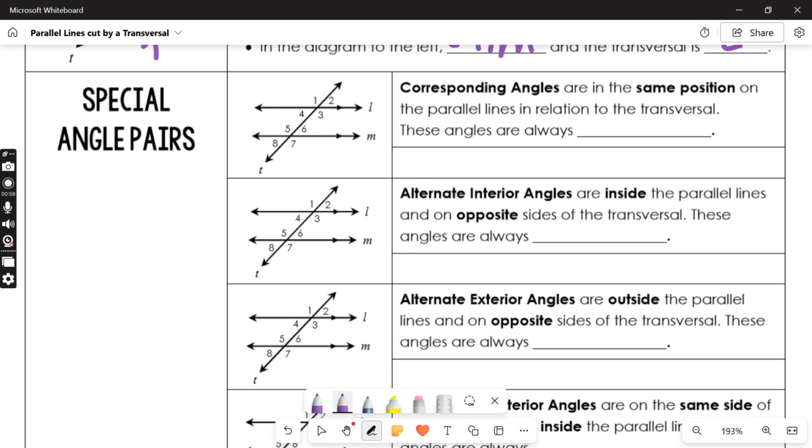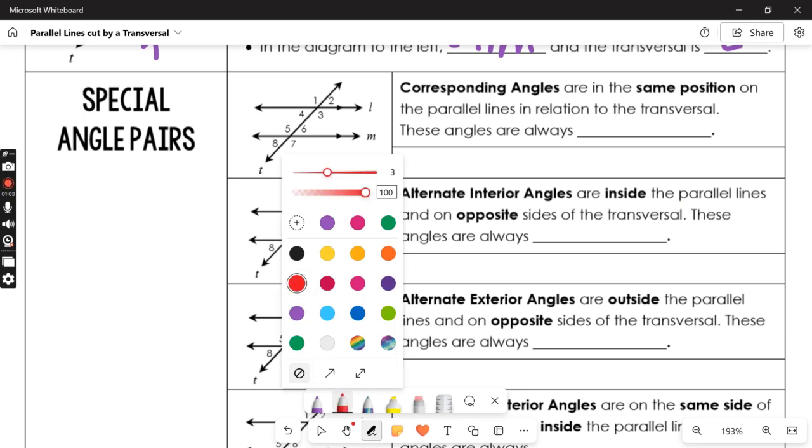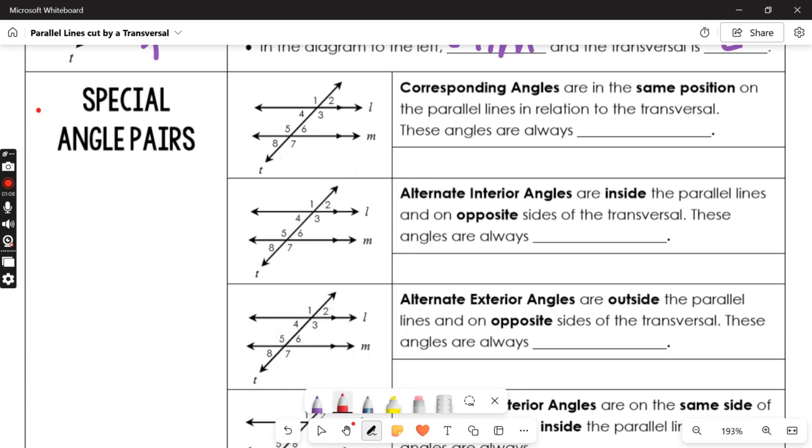All right, so now we're going to do a few definitions for our lines. Corresponding angles are in the same position on parallel lines in relation to the transversal. These angles are always congruent. Remember, congruent means the same.